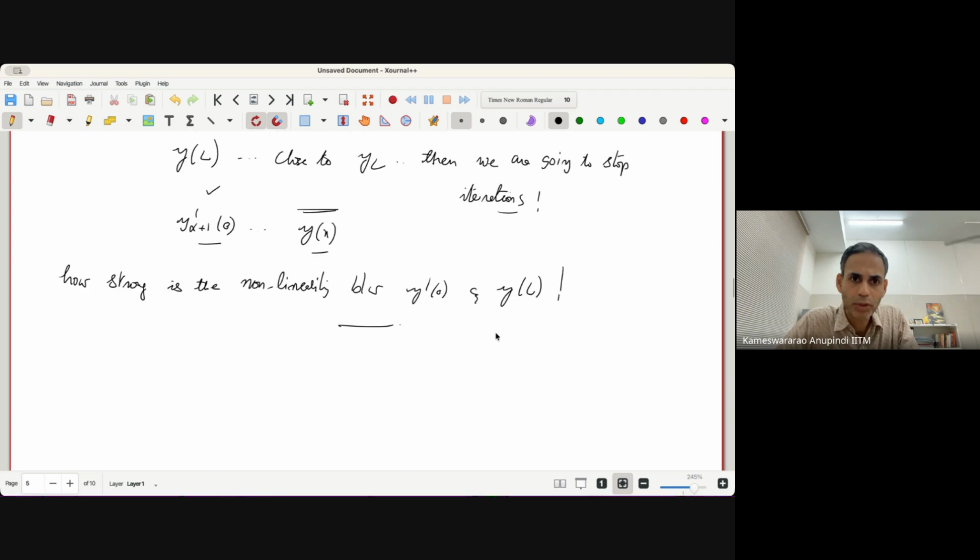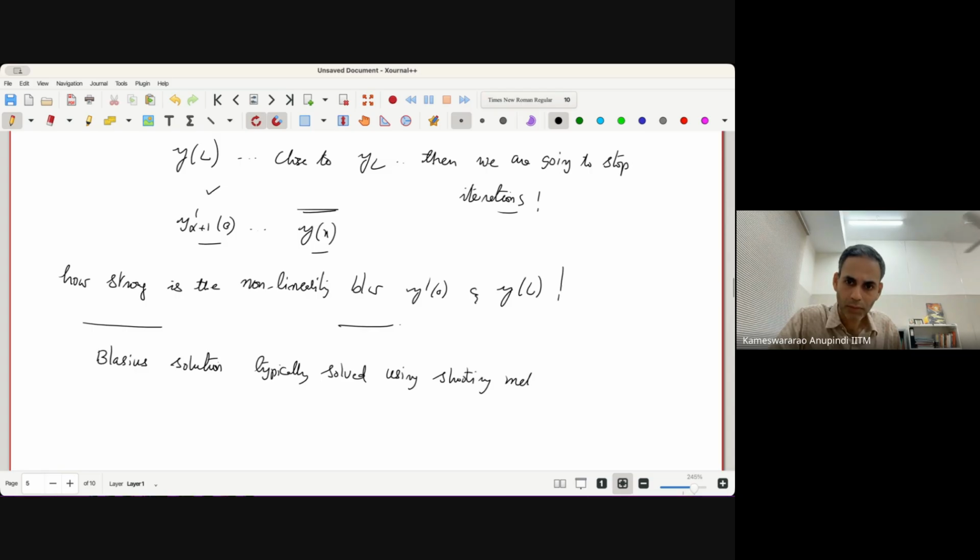Then let's move on to, for example, in general, if you pick up any fluid mechanics book, the Blasius solution is typically solved using the shooting method. Okay.